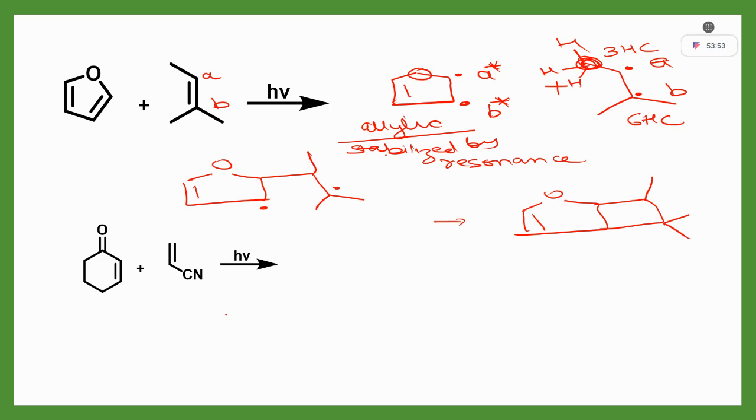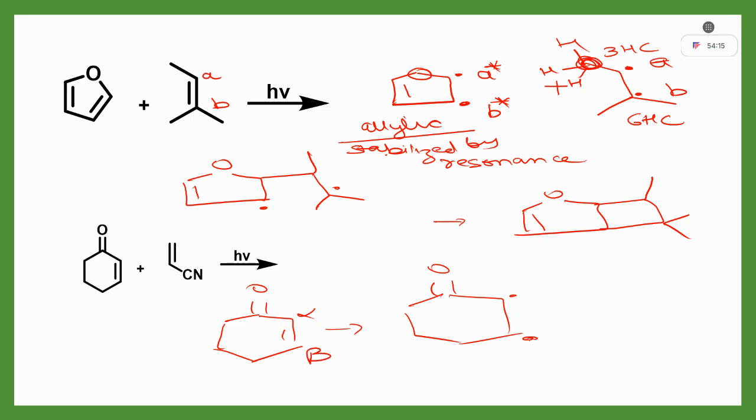In the second question again, an alpha beta unsaturated ketone is given to you, right? So, if you draw the radical over here, you can see that among this and this, this is your alpha and this is your beta.